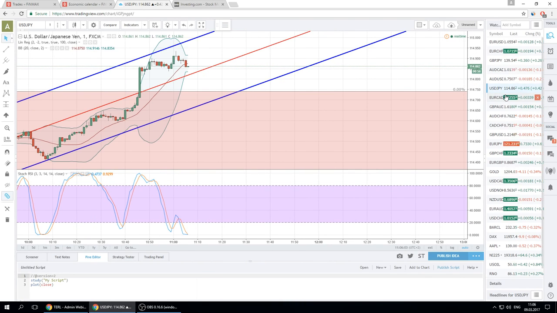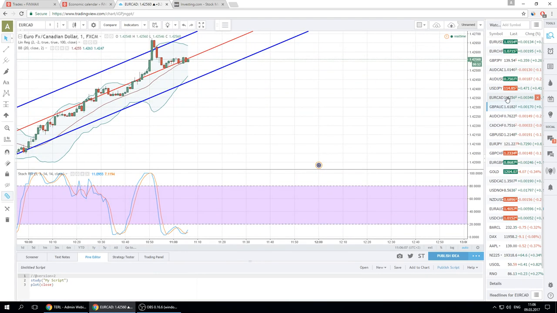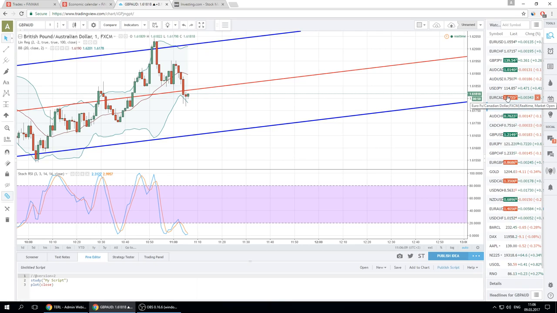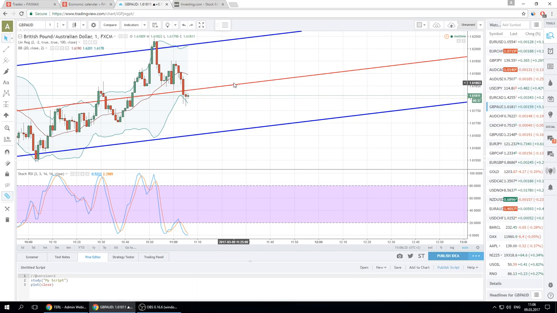Nothing. Here we see an almost classical pin bar, but it's not sufficient for me to enter the trade. I would hold.